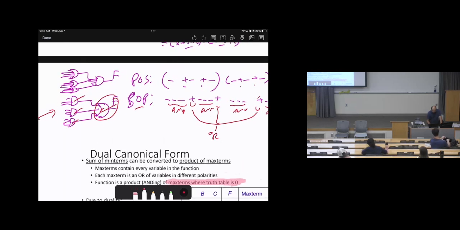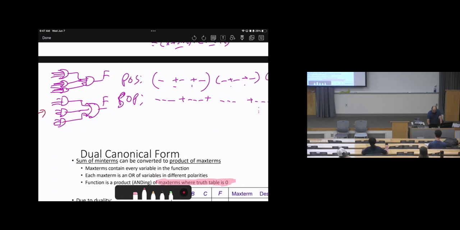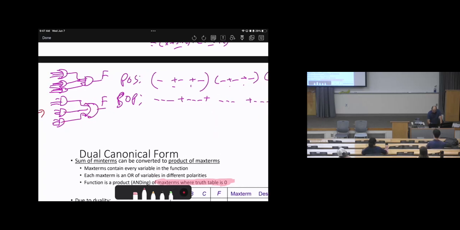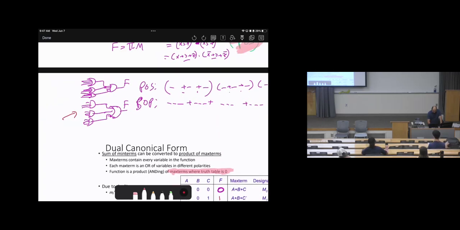However, there is a dual form. In the duality, every AND will be OR, every OR will be AND. This means any multiplication will be addition, any addition will be multiplication, any 1 will be 0, any 0 will be 1.